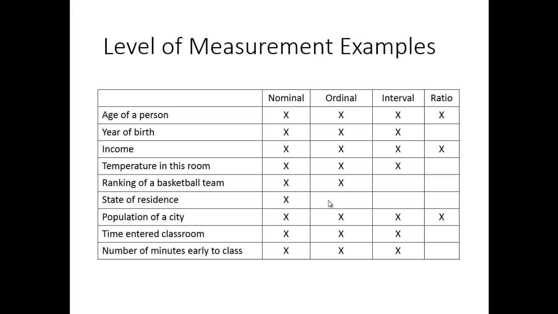You could say, particularly if we're only talking about positive numbers, assuming everyone shows up at least on time, that of a student who showed up 4 minutes early versus a student who showed up 2 minutes early, one of those students showed up twice as many minutes early. Now, I don't know that you'd want to say twice as early, but you could say twice as many minutes, and that doubling has a certain amount of sense here. So I would say this is ratio level of measurement.